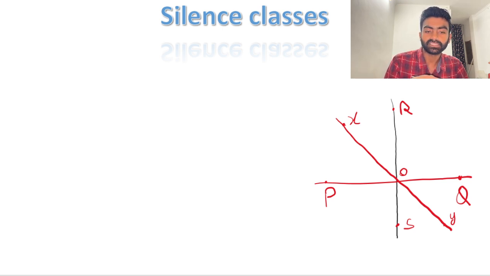So what are adjacent angles? Adjacent angles are those angles in which one arm is common.